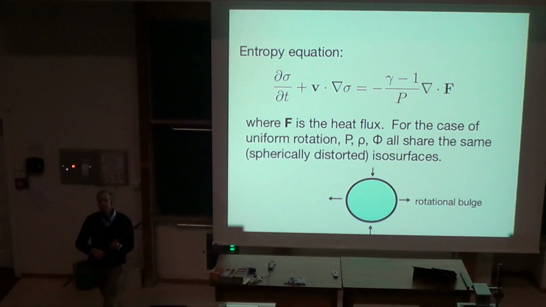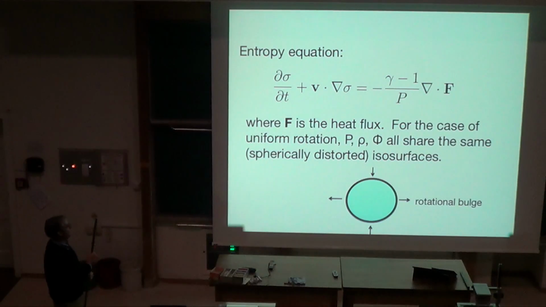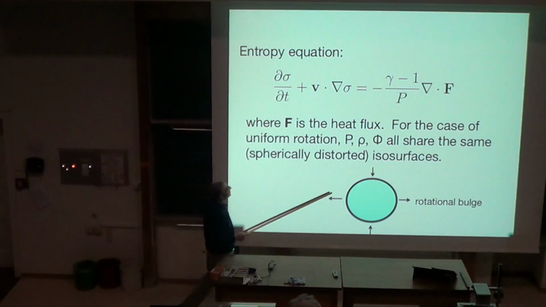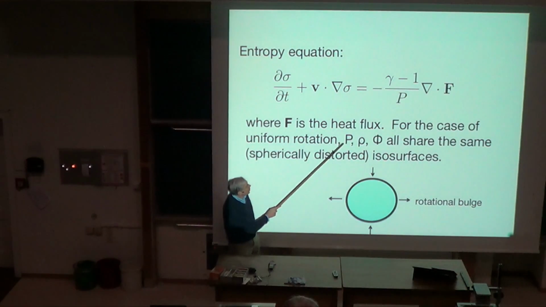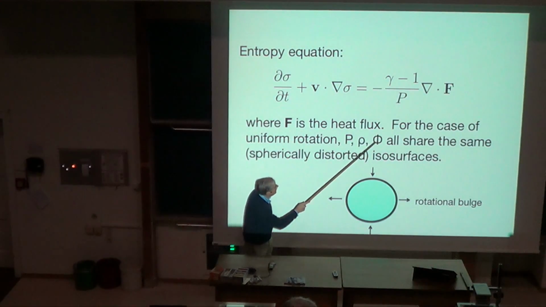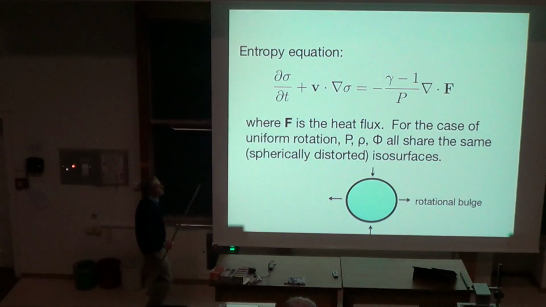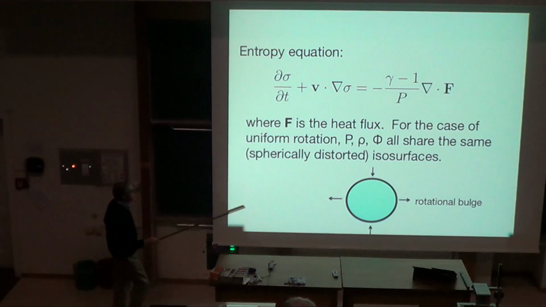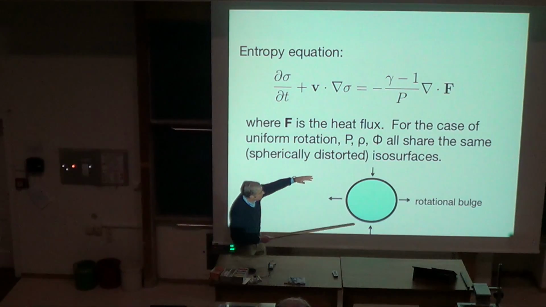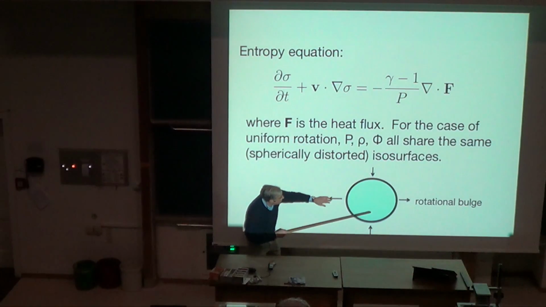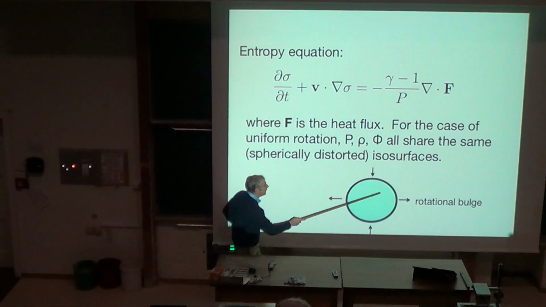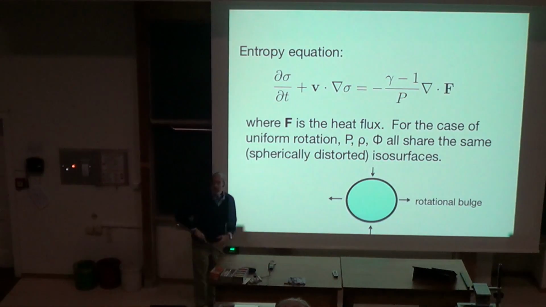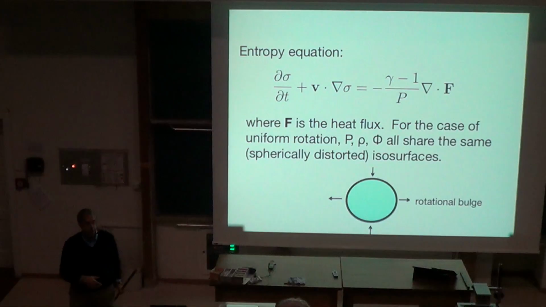If I have uniform rotation, then it's very simple to show that the pressure, the density, and the equipotential surfaces all share the same spherically distorted isosurface. The sun scrunches a little bit this way, it bulges a little bit this way, and the pressure, the gravity, the density, the temperature are all constant on the same surfaces.